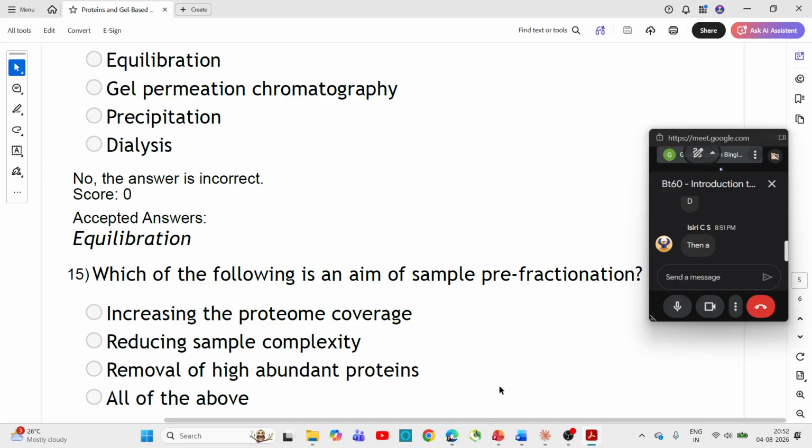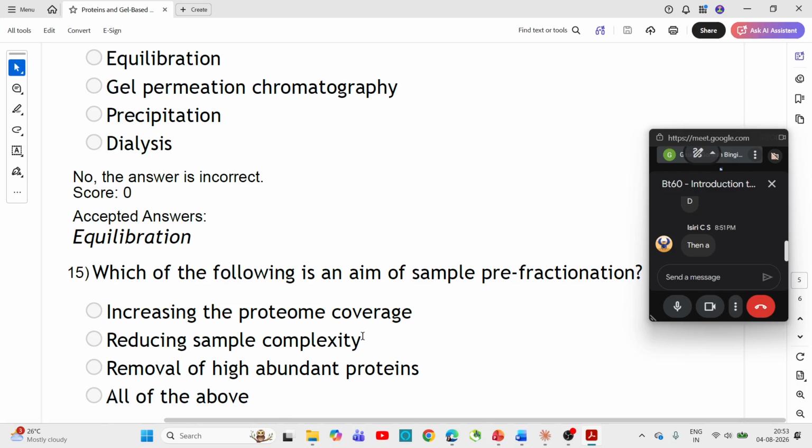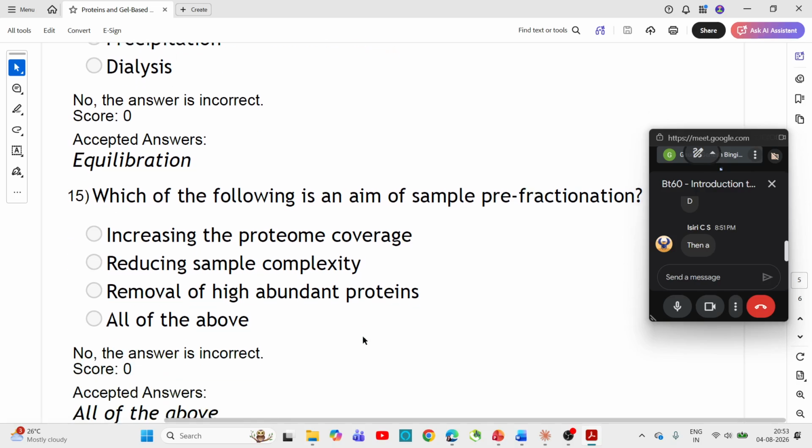Yes: increasing protein coverage, reducing sample complexity, removal of high abundant proteins. Before doing the analysis, what is essential to do with the sample? It's all of the above.